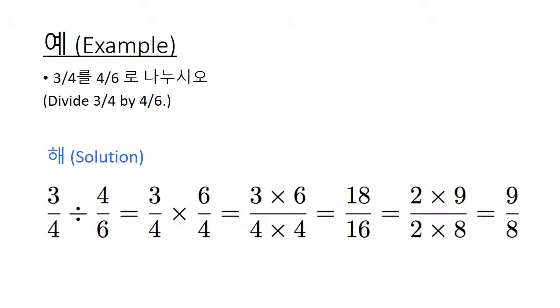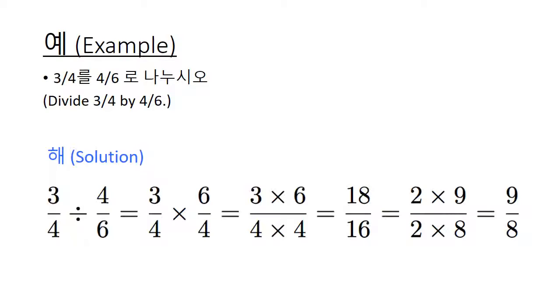Let's take a look at an example here. The instructions say divide 3 over 4 by 4 over 6. So you can see here that we have 3 over 4 divided by 4 over 6. The first step that I mentioned in the previous slide was to switch the division sign to a multiplication sign. So we do that in the next step, and we also switch 4 over 6 to its reciprocal, 6 over 4.